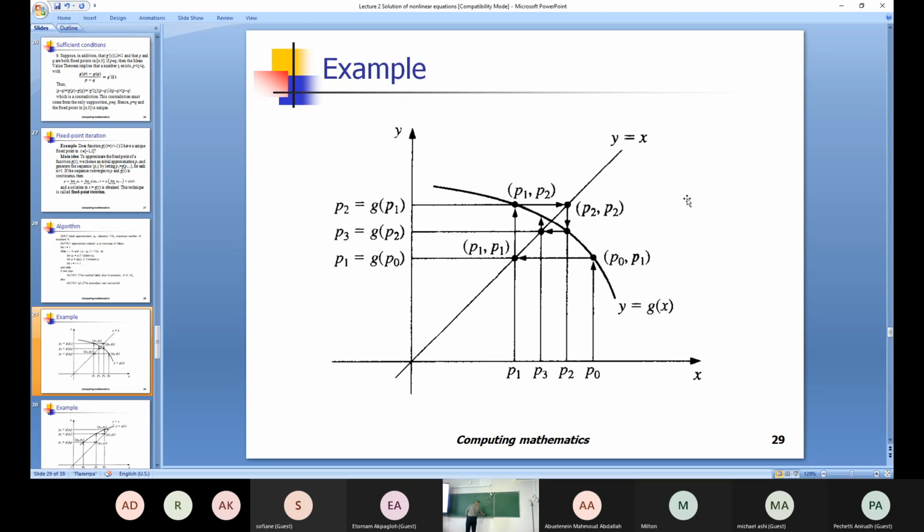P3 equals cosine of 0.54, and we get P3. We get P4 and so on, and so on.